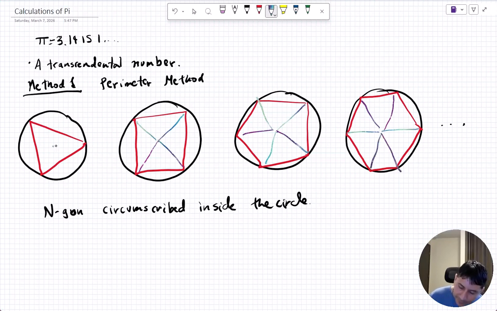Now, the equilateral triangle inside the circle can be split up into 3 isosceles triangles, right? So, in the most general case, an n-gon that's circumscribed inside the circle can be split up into n, capital N, isosceles triangles of the same shape and form, or congruent isosceles triangles in geometrical terms.